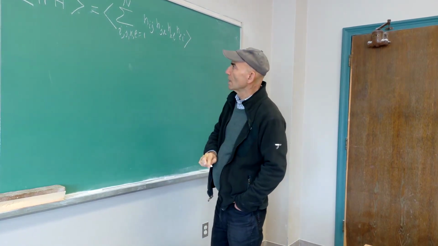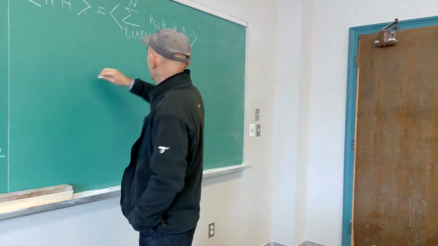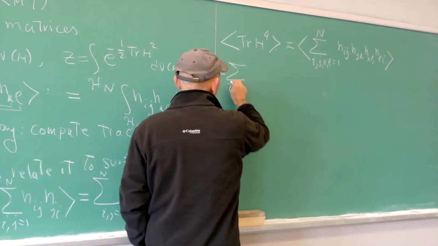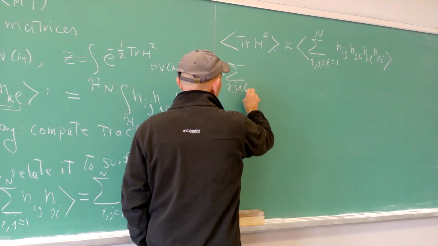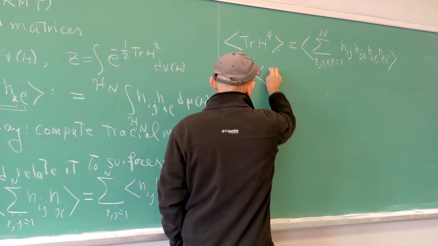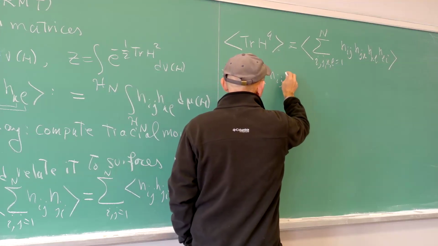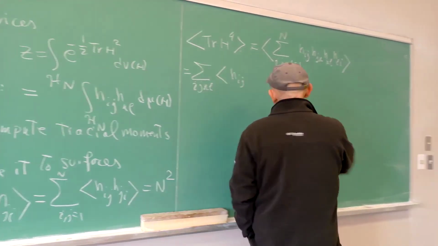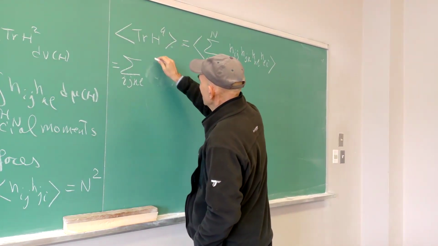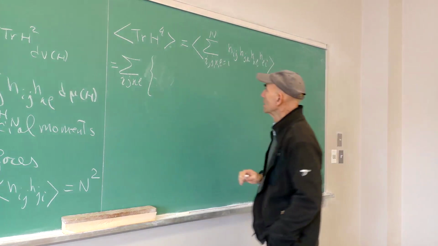You go around the circle. It's a trace. Okay? So this is equal to the sum over i, j, k, l. I don't write the limits anymore. So now, I don't want to write it unnecessarily.